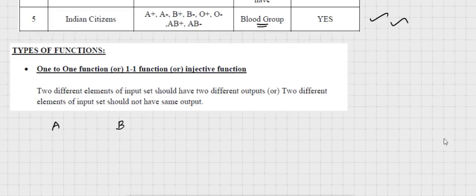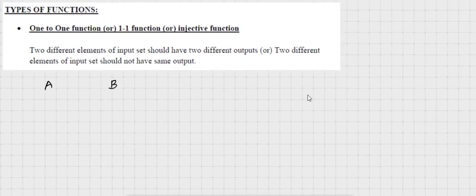One-to-one function means two different elements should have two different outputs. Okay, let us see here. I am having 1, 2, 3, 4, 5 inputs, and here I am just having 6 elements in the output set, or 7 also.